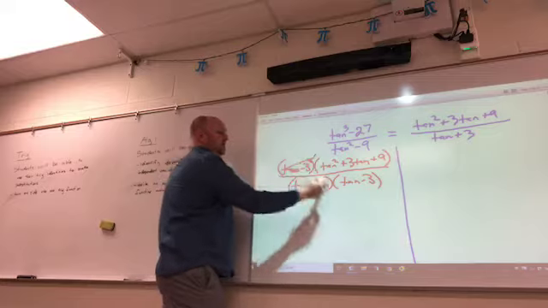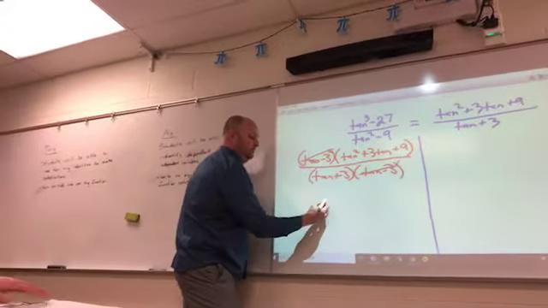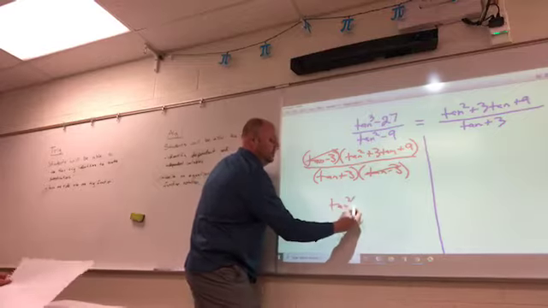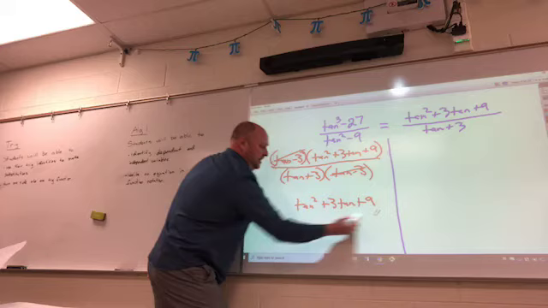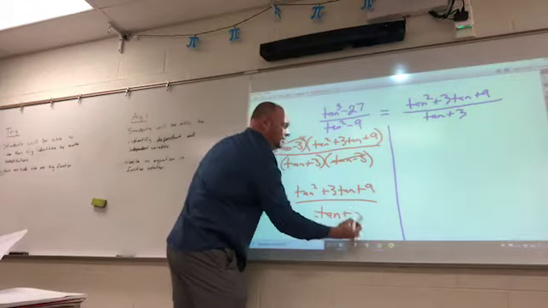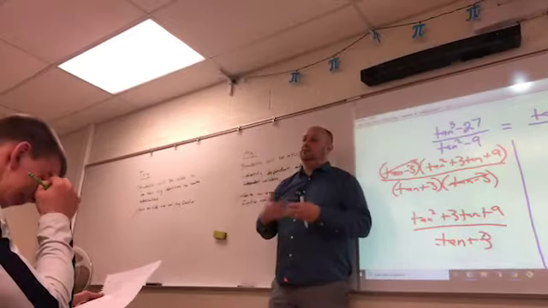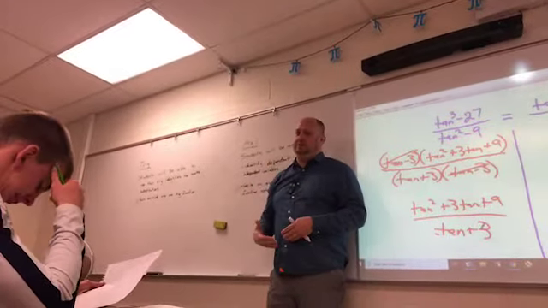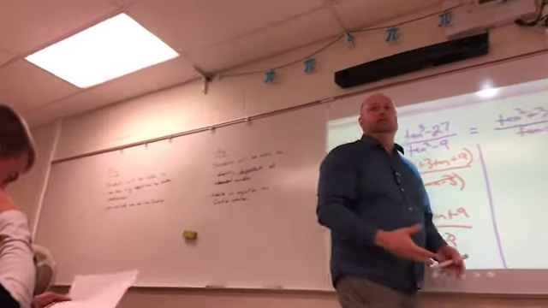The tan minus 3's cancel, and I'd be done. All I have to do is rewrite it. Tangent squared plus 3 tangent plus 9. And I'm done. Okay? So sometimes when we do these proofs, all you really have to do is simplify.